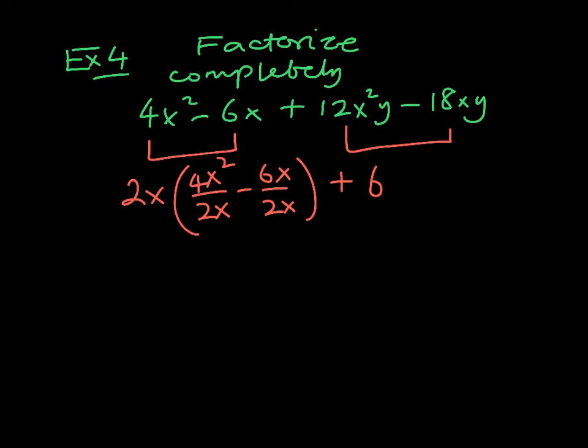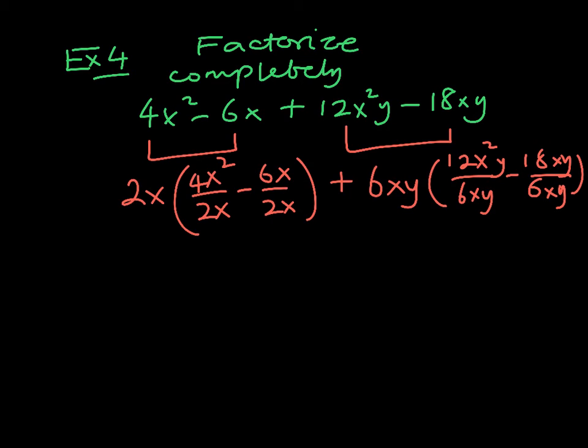So this is 6xy. So when you divide 12x squared y by 6xy minus 18xy divided by 6xy, okay, so the xy is cancelled out.